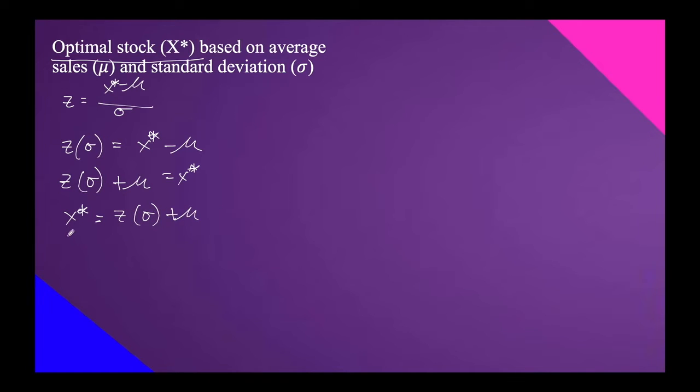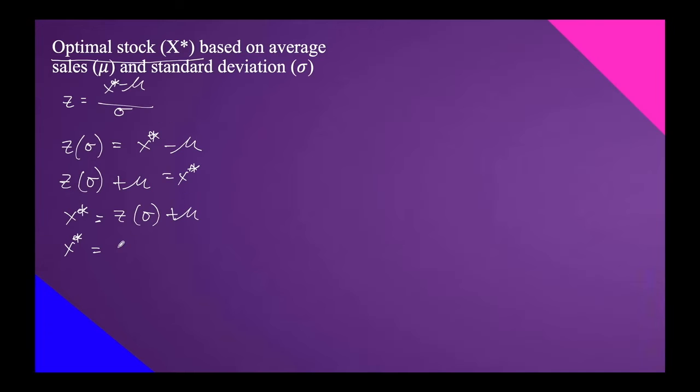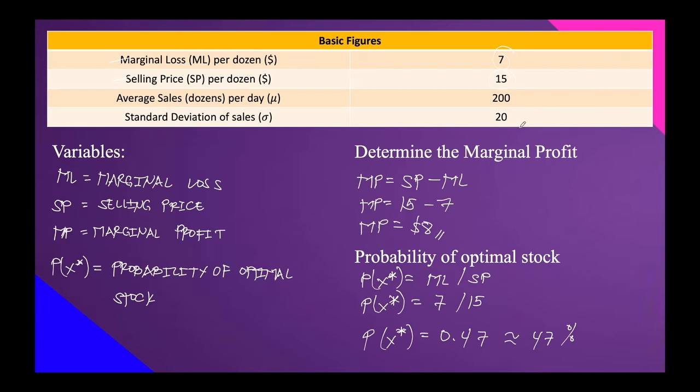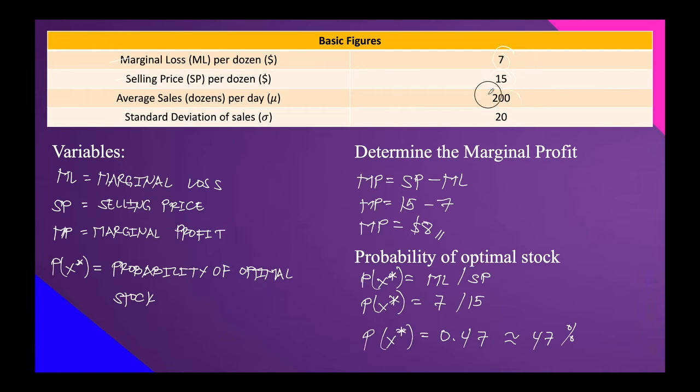So, now, anong gagawin na natin is to substitute yung mga meron tayong given. So, x asterisk equals yung z na nakuha natin. We have 0.08 multiplied to the value of sigma, 20. Okay. Plus mu. So, our mu is 200 or the mean.